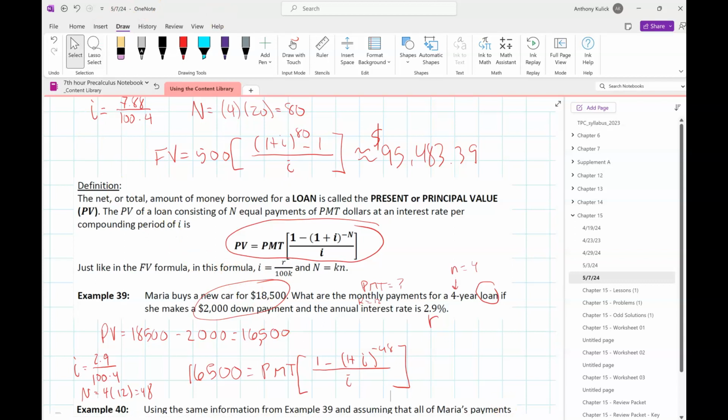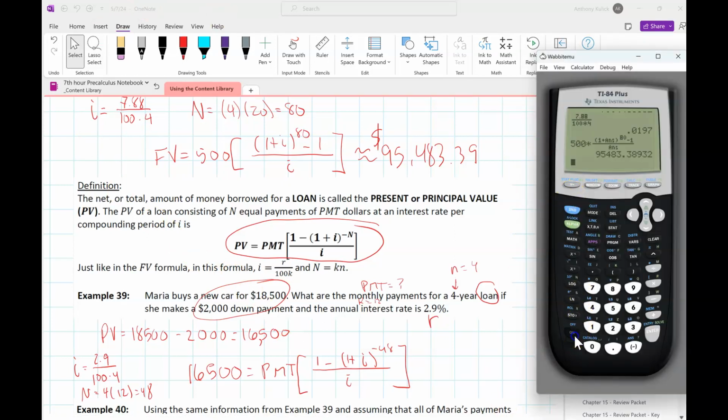So to solve this, let's do this by graphing because the algebra is going to be, well, I guess not terrible, but kind of sucky. Ooh, look what I forgot to do. What are we going to put in for I? We didn't do that yet, right? So let's do that real quick.